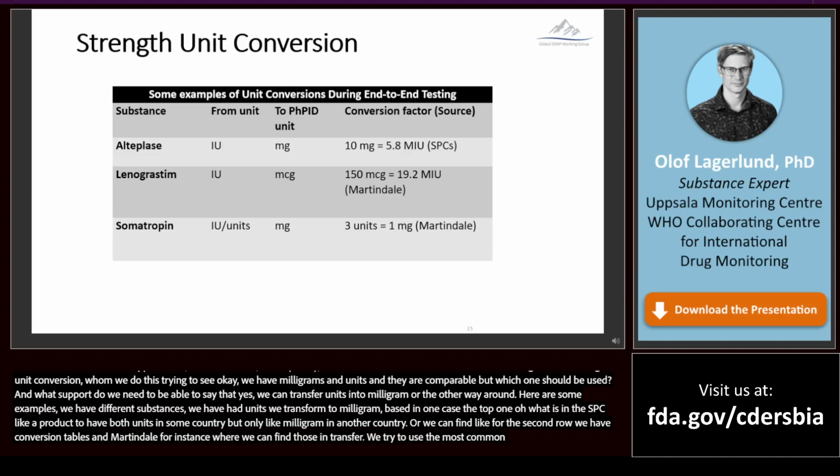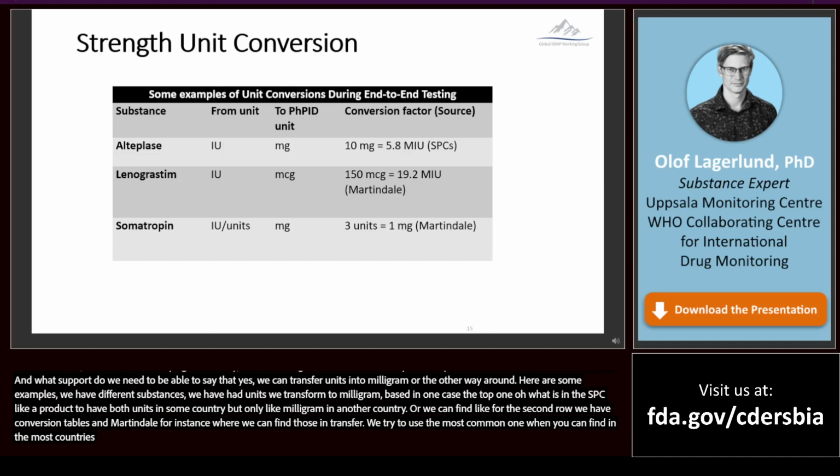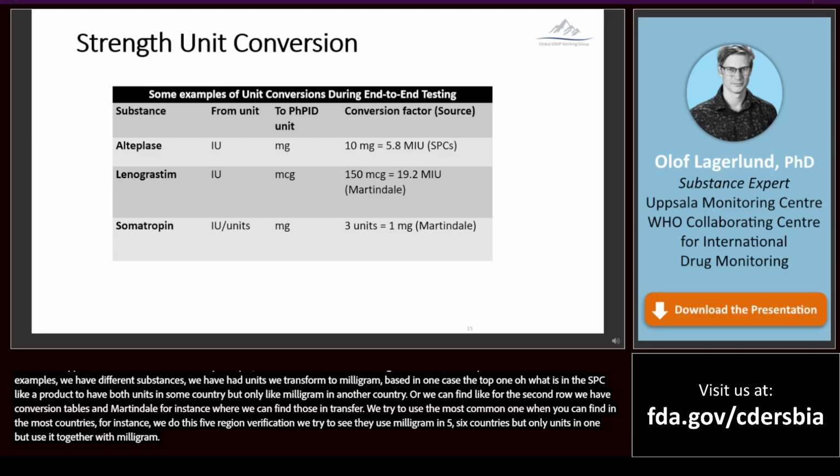When, for instance, we do this 5-region verification, we try to see that they use milligram in 5-6 countries, but only international units in one, and then they use it together with the milligram. So then we figure that it's mainly milligrams that's used, so it will be easier to find.